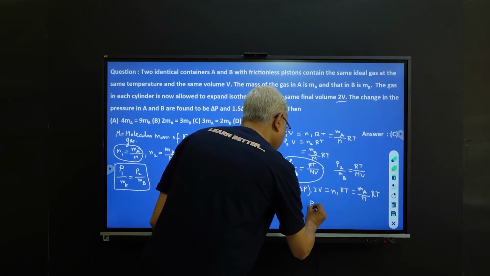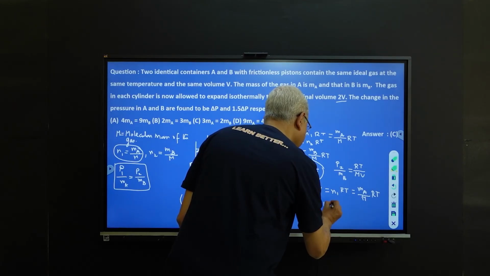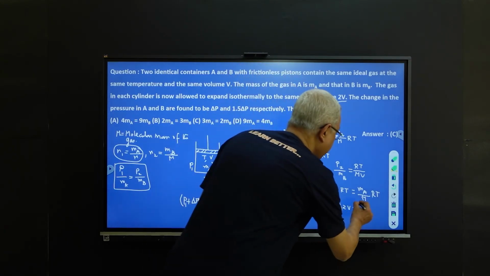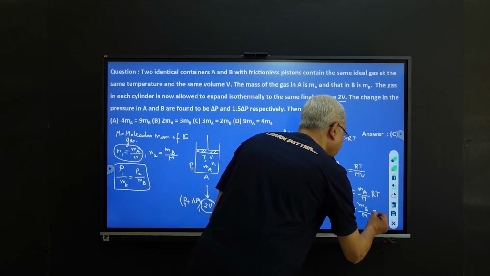And P2 plus 1.5 delta P multiplied by 2V is equal to Mb by M RT.